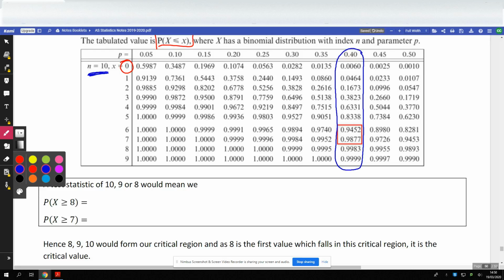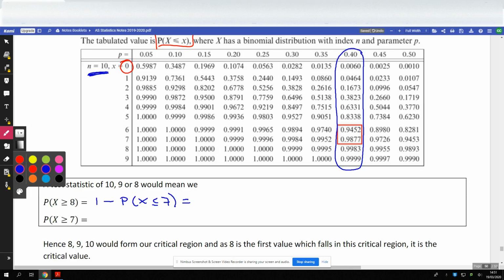Because we are looking for greater than or equal to a value and we want it to be less than 0.05, these are the two values that I need to consider that have got the red box around them. If we're looking at the probability that x is greater than or equal to 8, that is the same as doing 1 minus the probability x is less than or equal to 7.